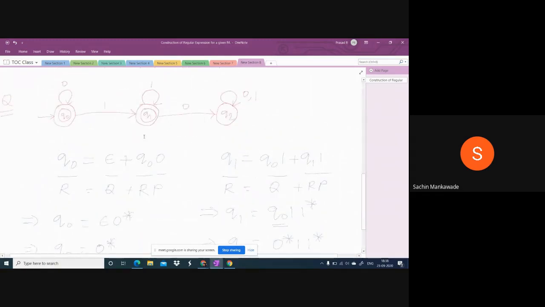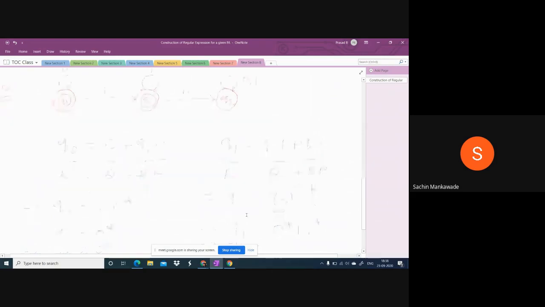For Q1, there are two edges reaching. One is from Q naught with label 1, and the other one is from itself, Q1 with label 1. So Q1 equals Q naught 1 plus Q1 1.